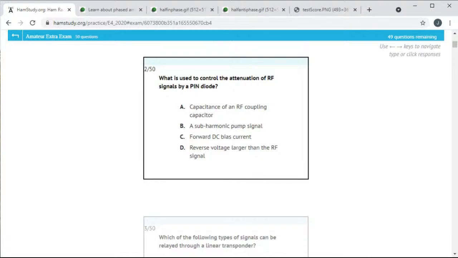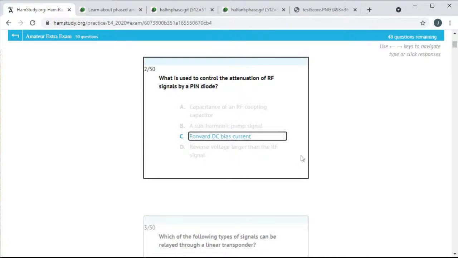D, reverse voltage larger than the RF signal. Oh, I am not starting off with a good start since I don't know either of these. I'm going to go with C.